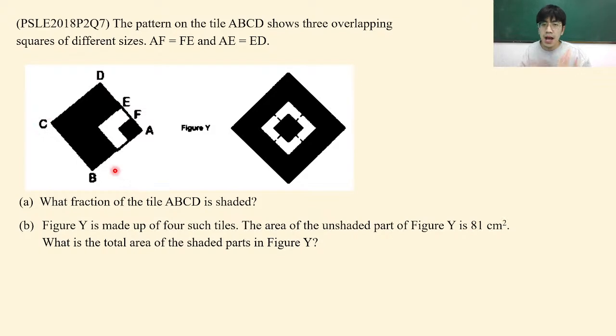Or we can do this another way, where we start from the small square. For example, the small square on the right, we treat this one as one unit, and then we investigate what are the total units. Now, which of these two approaches would you think would be easier for us to work with? Should we start from the big square or should we start with the small square?